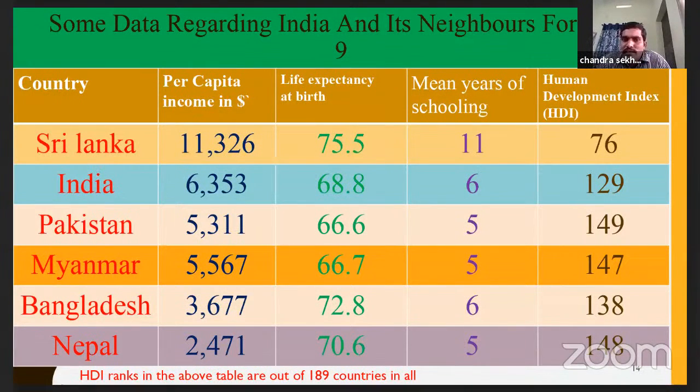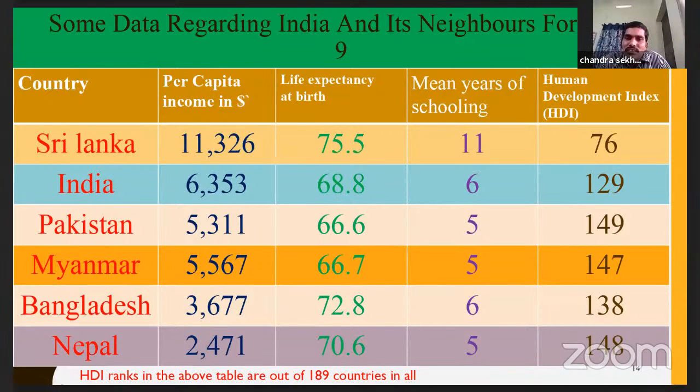The remaining, Pakistan and Myanmar, are more or less equal, 66.6 and 67. Bangladesh has 72.8. If you observe Nepal, 70.6 years of life expectancy. So such a small country like Nepal is also ahead of India.